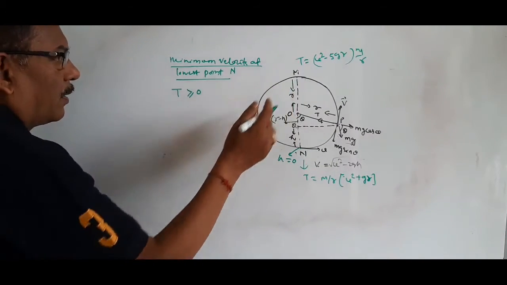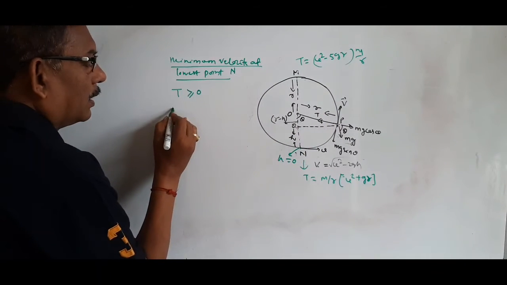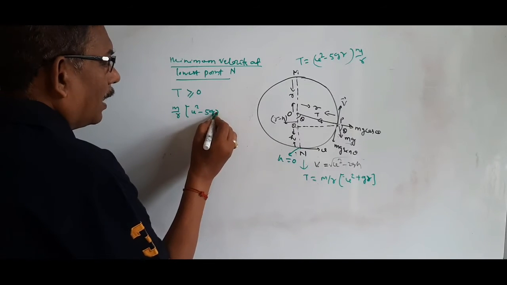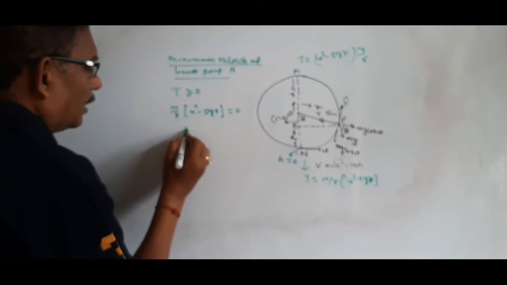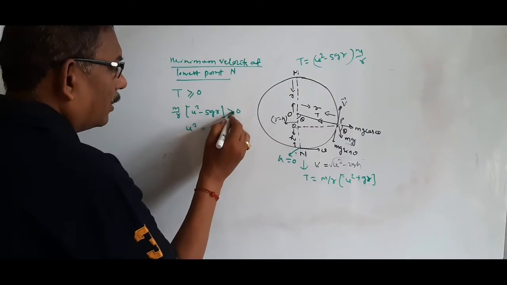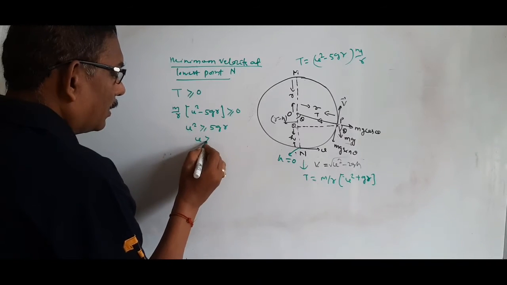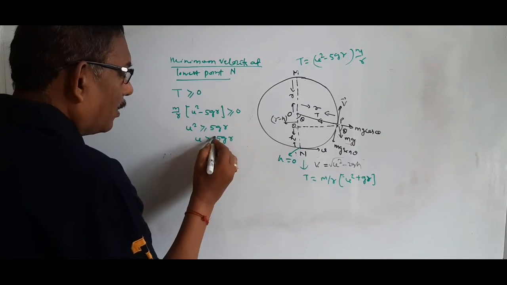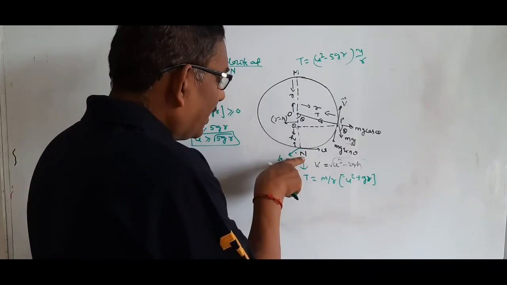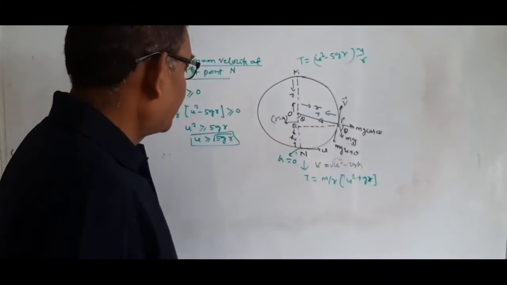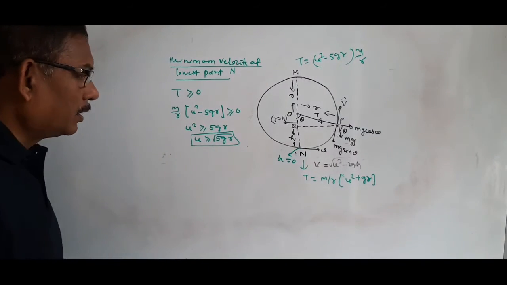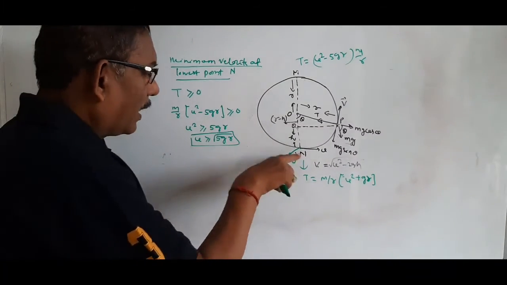So m by r times u square minus 5gr is greater than or equal to 0, that is, u square is greater than or equal to 5gr, and u is greater than or equal to the square root of 5gr. This is the minimum velocity with which the body crosses the lowest point N.